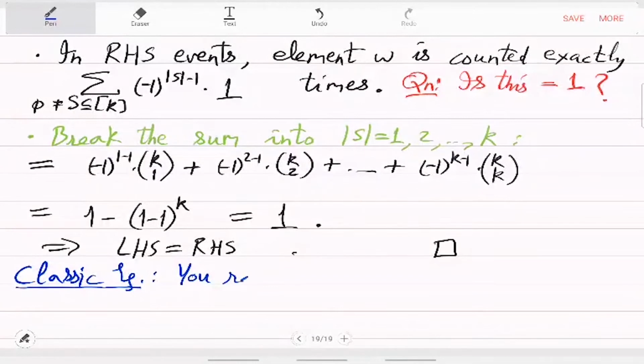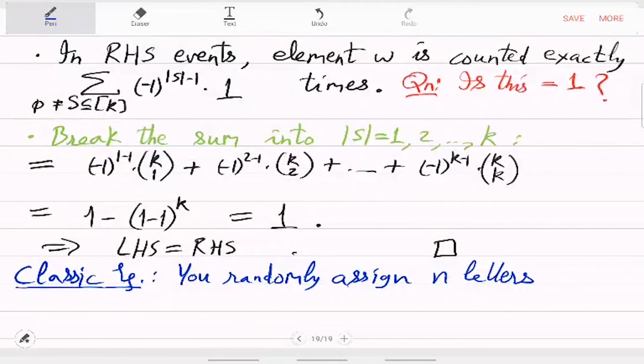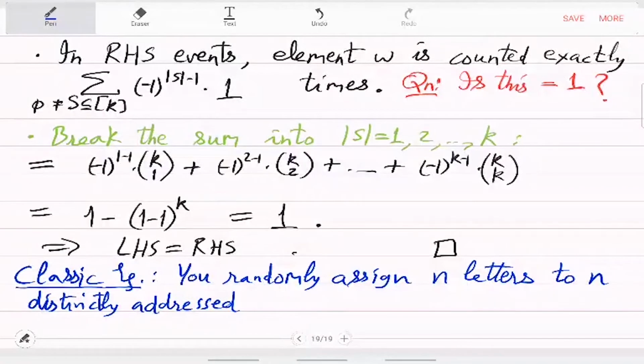Suppose you randomly assign n letters to n distinctly addressed envelopes.